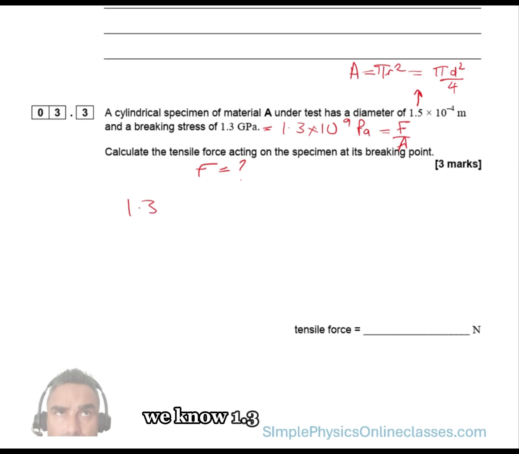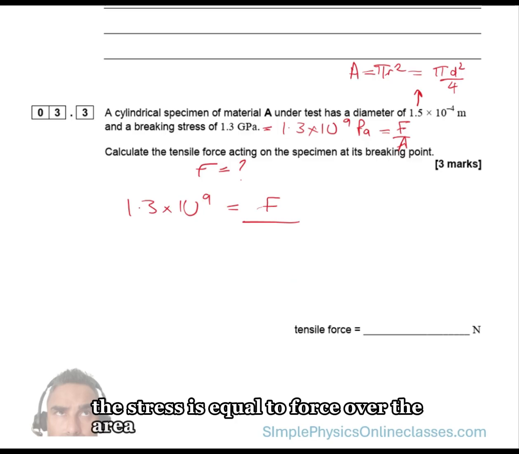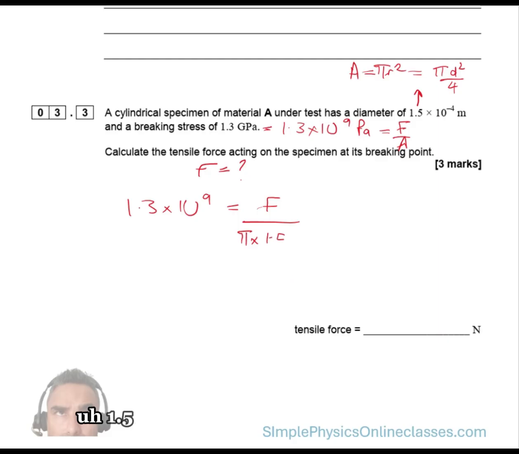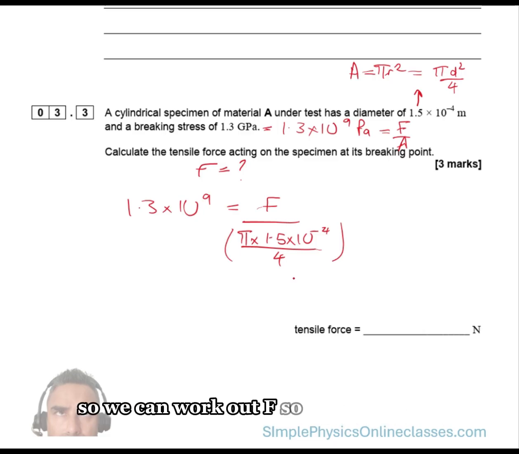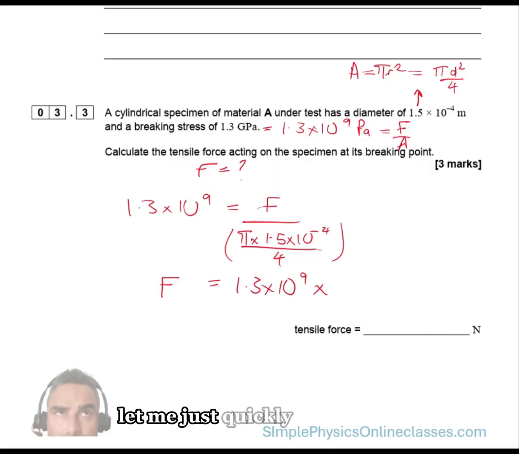What do we know? We know 1.3 times 10 to the 9. The stress is equal to force over the area. So the area is pi times 1.5 times 10 to the minus 4, squared, all over 4. So we can work out F. F is 1.3 times 10 to the 9 multiplied by this area.